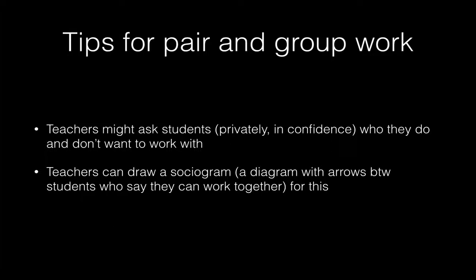Who do you like to work with? Who do you not like to work with? When you have that information, you can start assigning. It's also helpful when you assign groups which tend to be homogeneous in terms of abilities or whatever. It's very helpful for the learning.